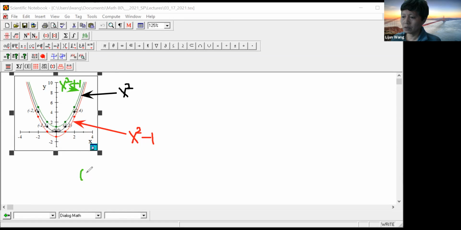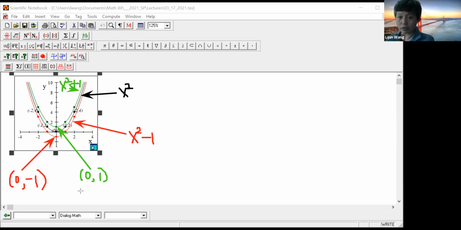The green point is 0, 1. I'm going to use an arrow. And the red is 0, -1.